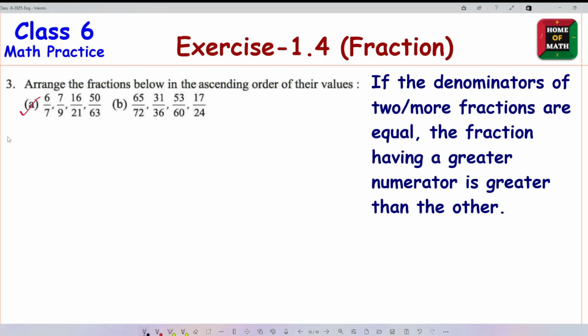Number B. Here the fractions are 65 by 72, 31 by 36, 53 by 60, 17 by 24, right?